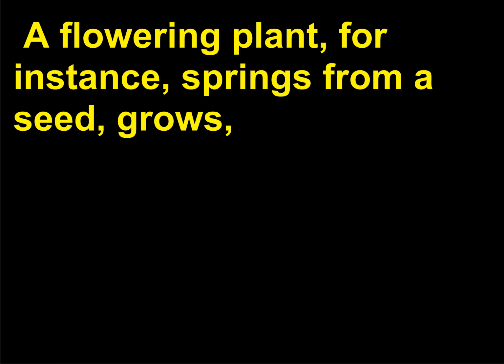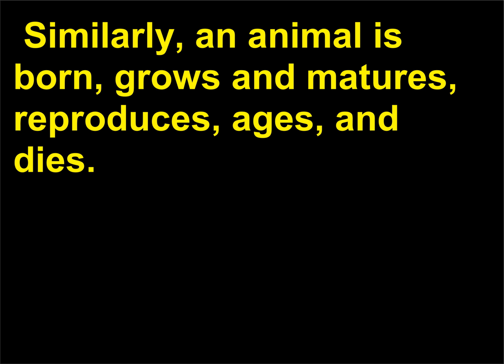A flowering plant, for instance, springs from a seed, grows, blossoms, produces seeds for the next season, fades, and dies. Similarly, an animal is born, grows and matures, reproduces, ages, and dies.